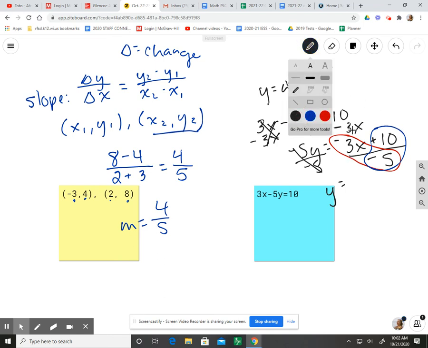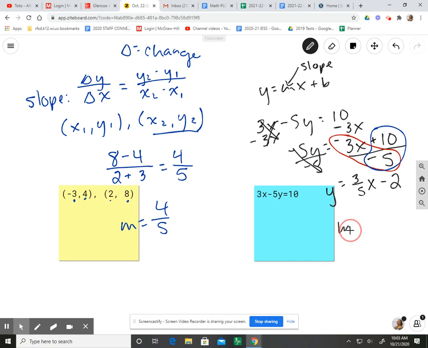Negative 3x divided by negative 5: a negative divided by a negative gives a positive, so we get 3/5 times x. Then we have a positive 10 divided by negative 5. A positive divided by a negative gives a negative, and 10 divided by 5 is 2, so it's minus 2. So my slope, the number in front of the x, is 3/5.